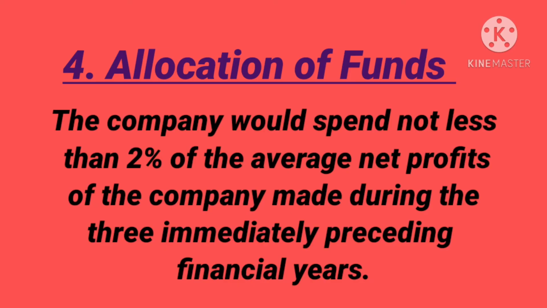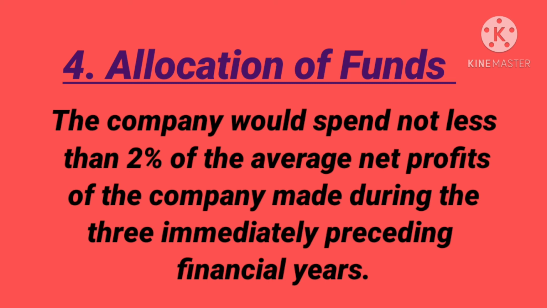The next point, the fourth one, allocation of funds. The company would spend not less than 2% of the average net profits of the company made during the 3 immediately preceding financial years.